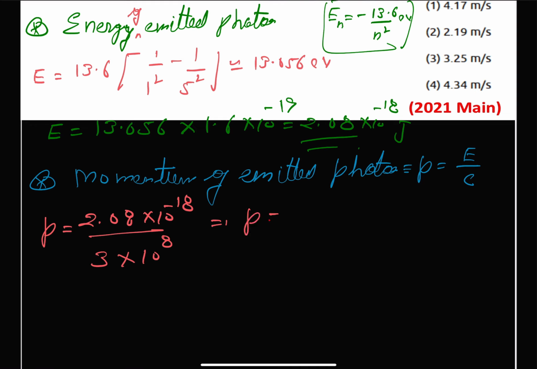So we get momentum will be equal to 6.9 into 10 to the power minus 27.